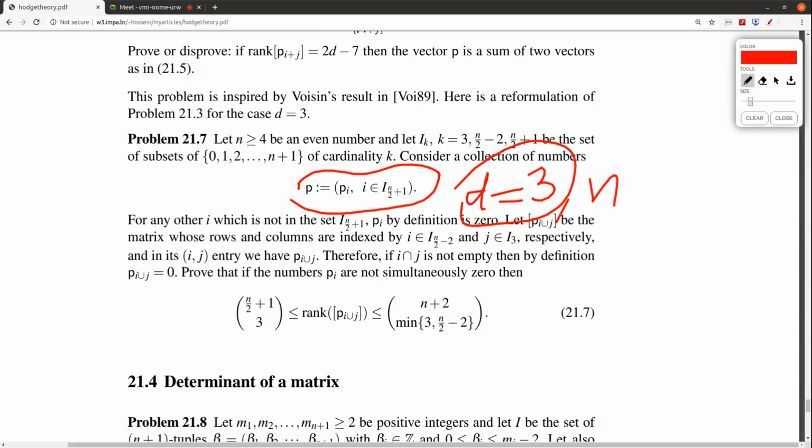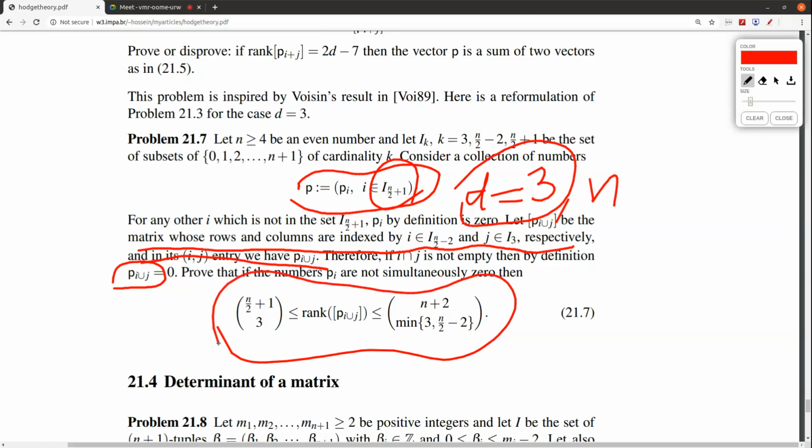We define that now I plus J becomes I union J. Let it be the matrix whose columns and rows are indexed by these respectively, and in its ij entry we have P_{I union J}. This means that if I intersection J is not empty, then P_{I union J} will be 0, and then the problem is that this matrix has this rank.